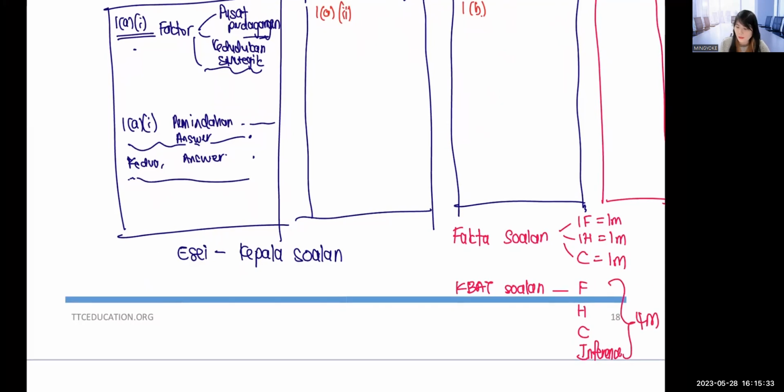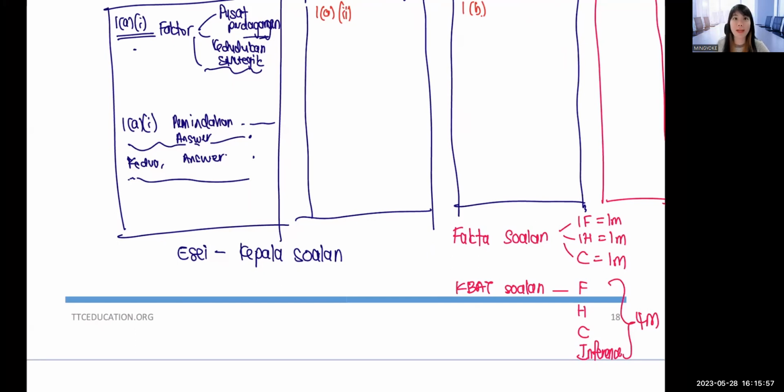But you have to write it one off like that. That is for kebat. Still 1 mark because you are still form 3. The one you say essay, 1 fakta, 1 huraian, that one will be your so-called SPM standard.